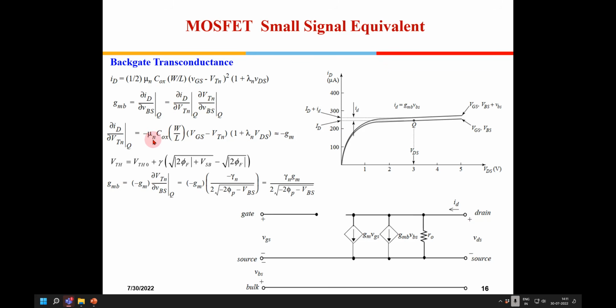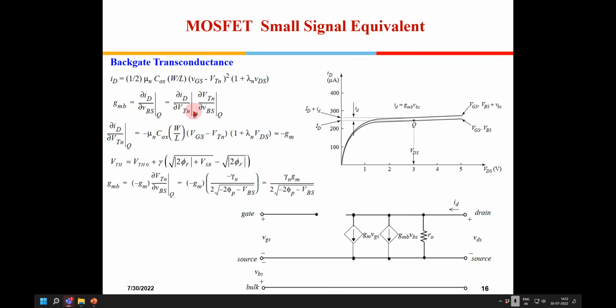If you see here, this is the V_TH equation, right? If you do this differentiation with respect to V_SB and substitute here, I get the value of g_mb as this.